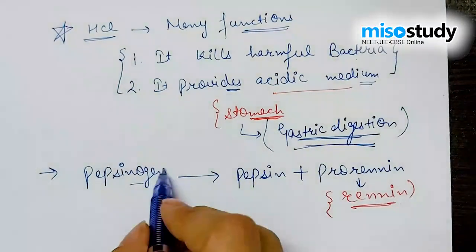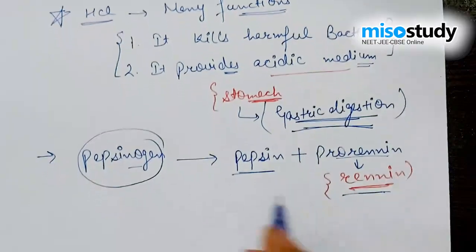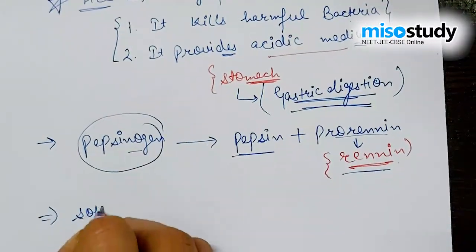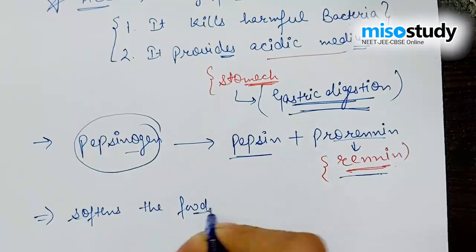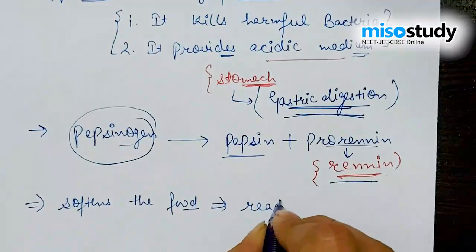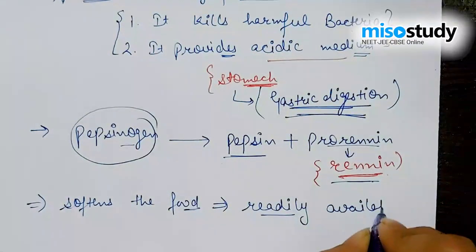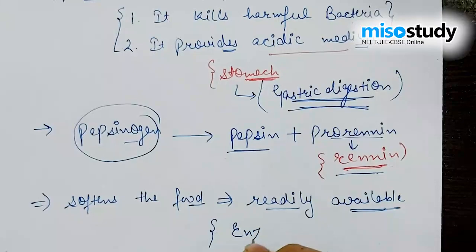They convert pepsinogen into pepsin and prorenin to renin. That generally works to soften the food and make it readily available for enzyme action.